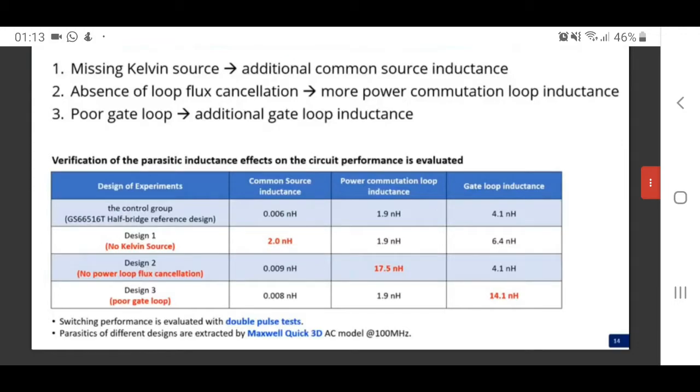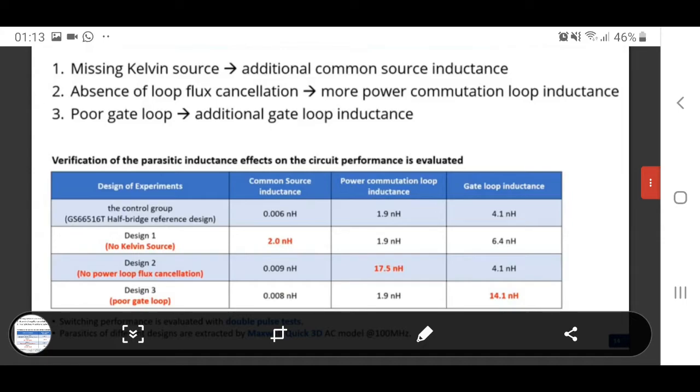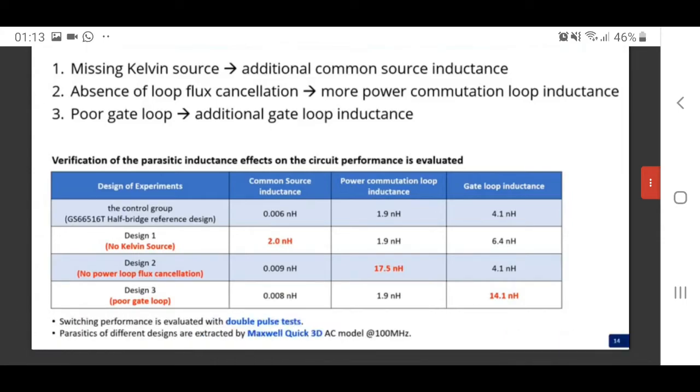In order to verify the effect of parasitic inductance on the switching performance, we propose this DOE, the design of experiments. So the control group comes from the GaN Systems reference design. We think the layout is optimal. As you can see in the table, the common source inductance, the power commutation loop inductance, and the gate loop inductance are all minimized.